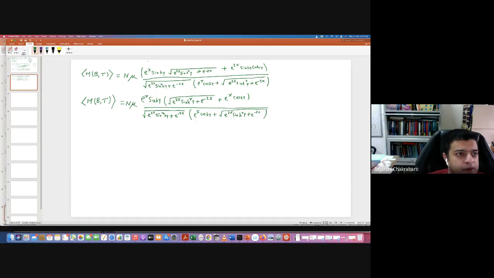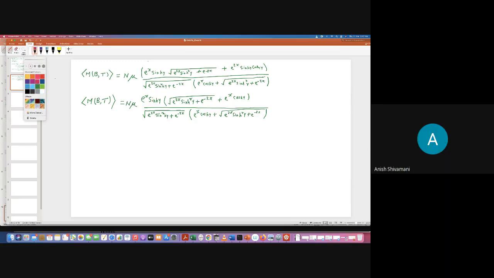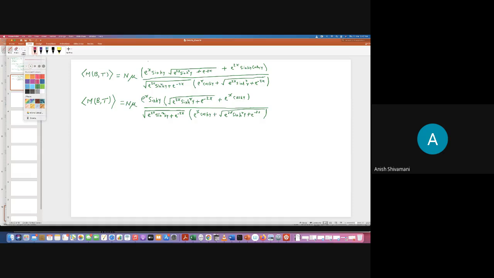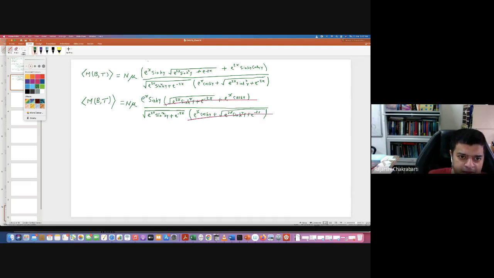So can I simplify this further? Yes, sir. Just look at it. This one and this one, they are the same, no? Then what I have here is n mu times exponential of x.